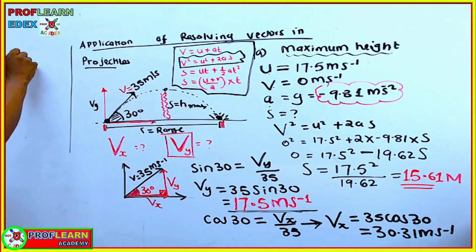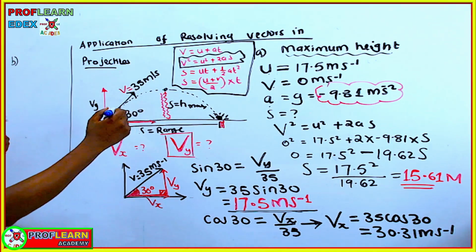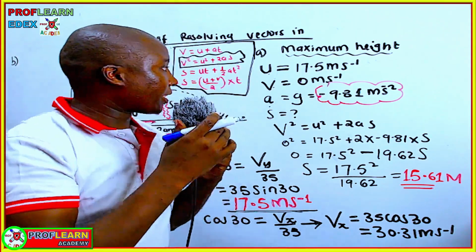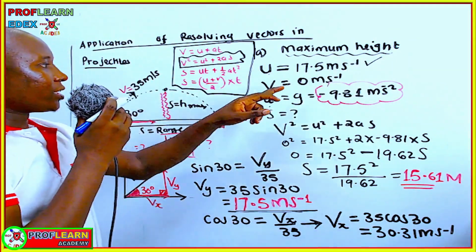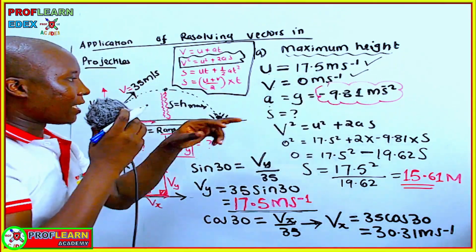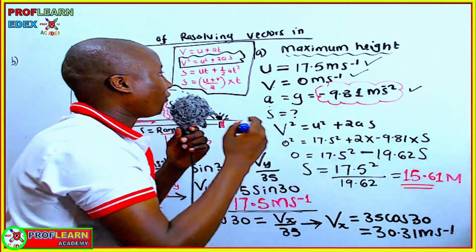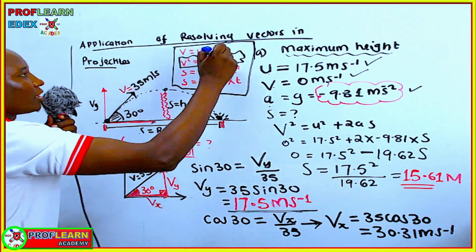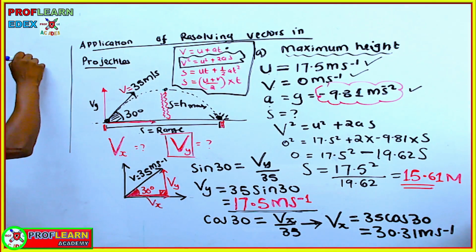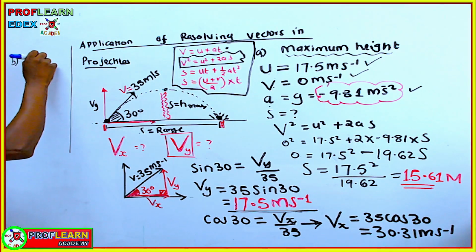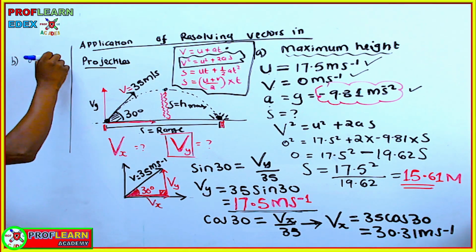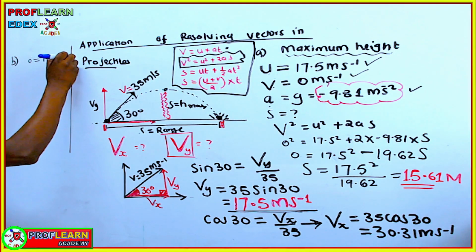So in that case, we know the initial vertical velocity. The initial velocity in the vertical direction is this. The final velocity in the vertical direction is this. The acceleration in the vertical direction is this. Now, for you to find the time to reach the maximum height, you are going to use the first equation here. We can say this is 0 equals 17.5 minus 9.81 t.